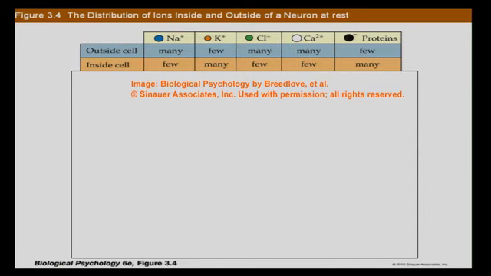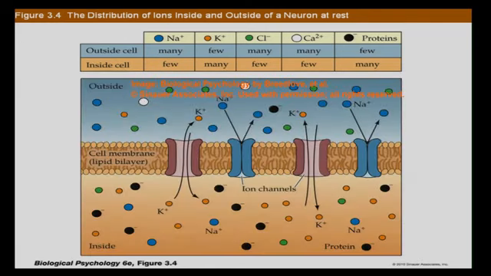You don't have to know that. It just happens to be the largest proportion of these ions that we're going to focus on is potassium. Potassium's the only one that's a lot on the inside. All these others are on the outside. Okay, and so you can now look at this figure in the book and really understand and be able to predict where these are. You'll see a lot of the big black proteins on the inside, very few on the outside.